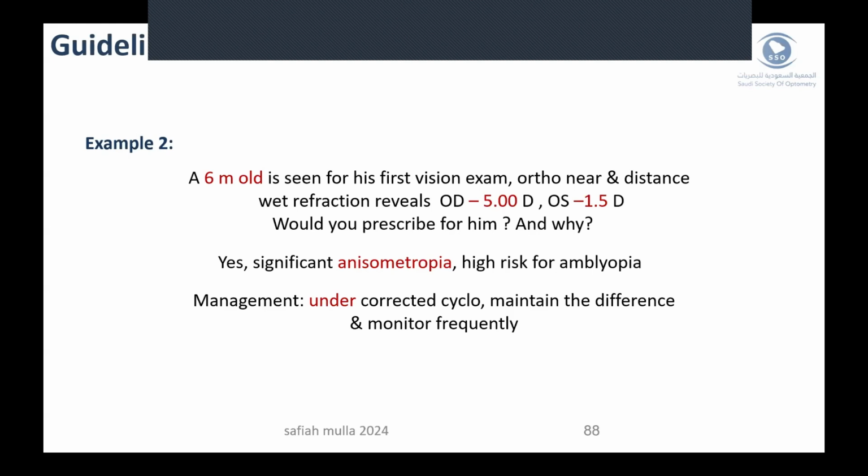Never, never, ever give something else. If you reduce, you have to reduce the same amount from both eyes. Then we monitor the child, and if he has amblyopia, you start your patching therapy as guided by the amblyopia treatment method.